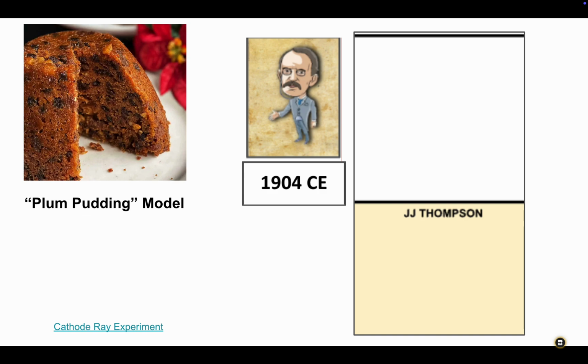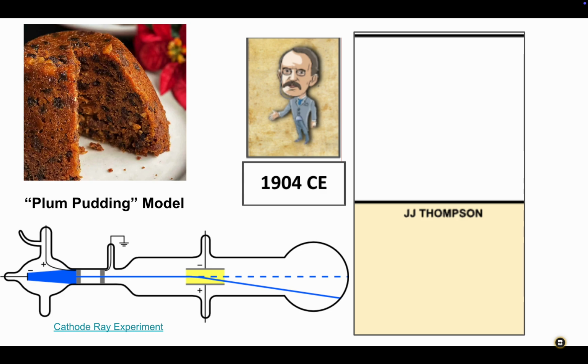Okay, so I think I need to explain how Thomson came to understand that there's a subatomic particle called an electron. Remember, up until now, we've got Dalton who says atoms are just solid spheres. There's nothing in them. There's nothing that you can divide an atom into.